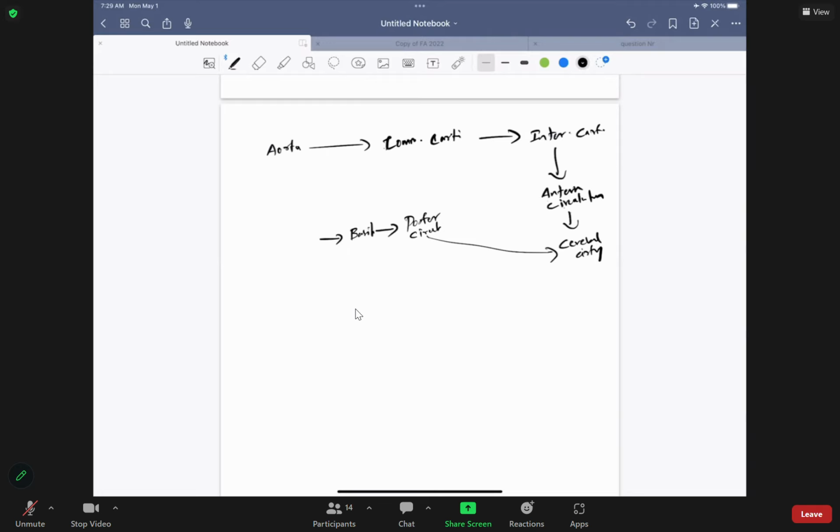Joining of two vertebral arteries, isn't it? So I'll just put V, vertebral artery. Where does vertebral artery come from? Subclavian artery. Where does subclavian come from? Aorta, technically. Is that clear, folks? This is how the blood comes. Finally, it becomes cerebral arteries, anterior, posterior, whatever. Do you understand this, folks?